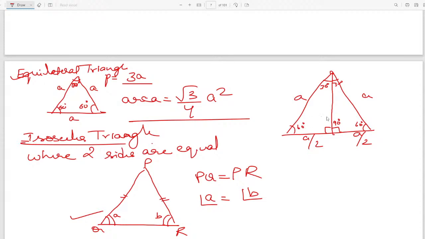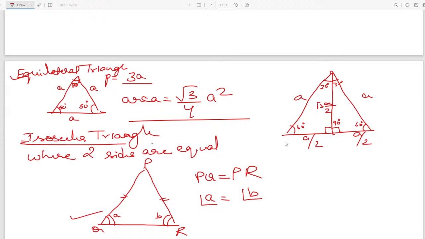In front of the 60, this will be root 3 times this side, A by 2. And the hypotenuse will be 2 times A/2. So in this case, there are two 30, 60 triangles here.